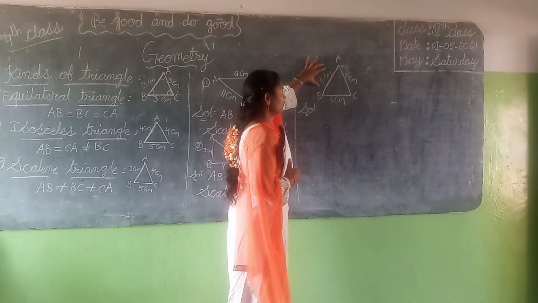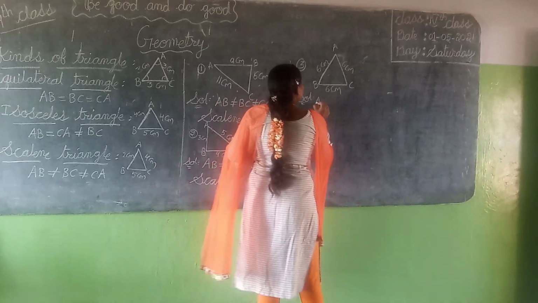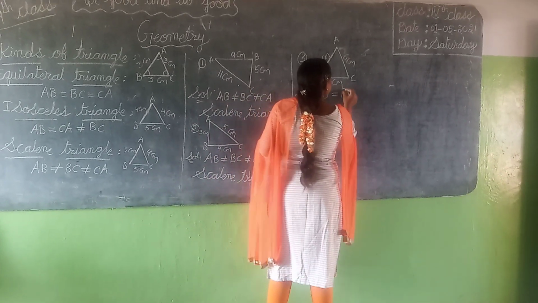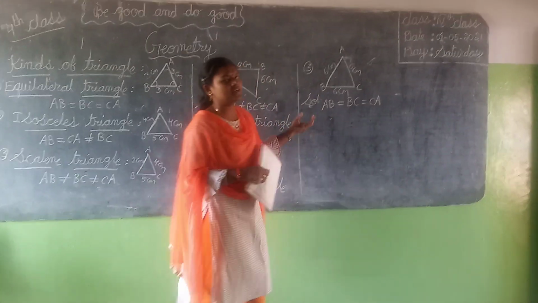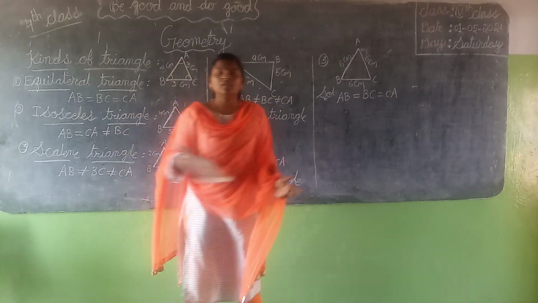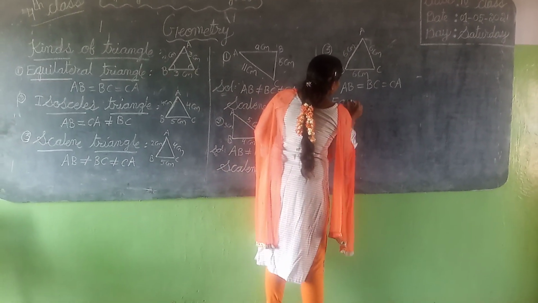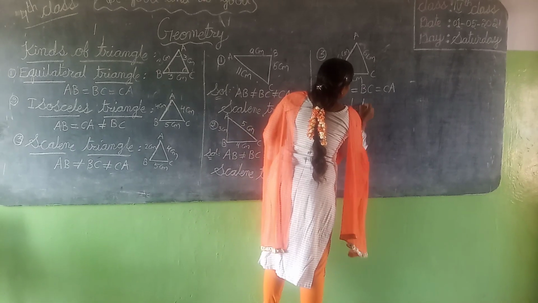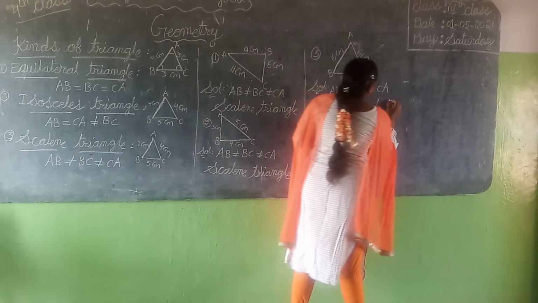AB is equal to BC is equal to CA. That triangle is an equilateral triangle.